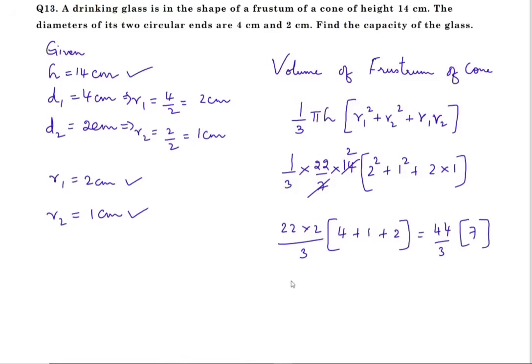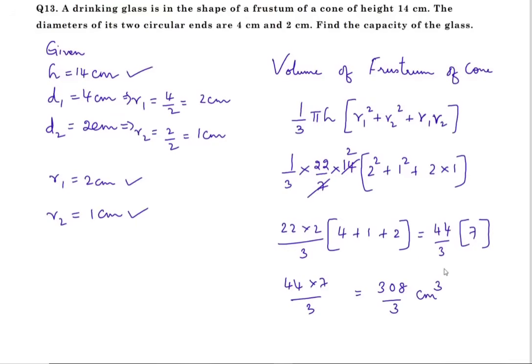Now multiply 44 into 7 by 3. What you get? 44 into 7 is 308 by 3 centimeter cube. What is the unit of volume?